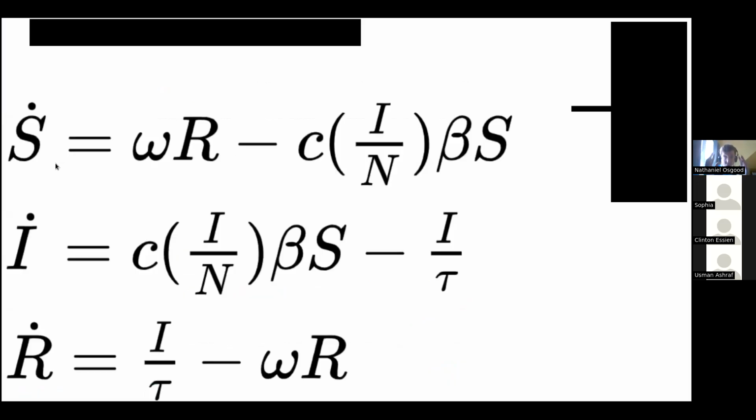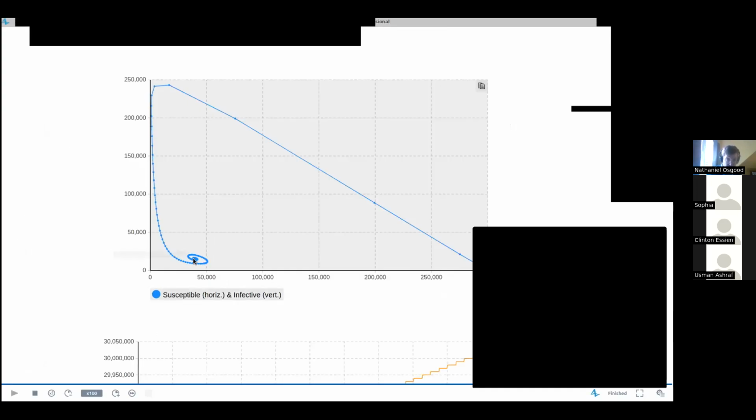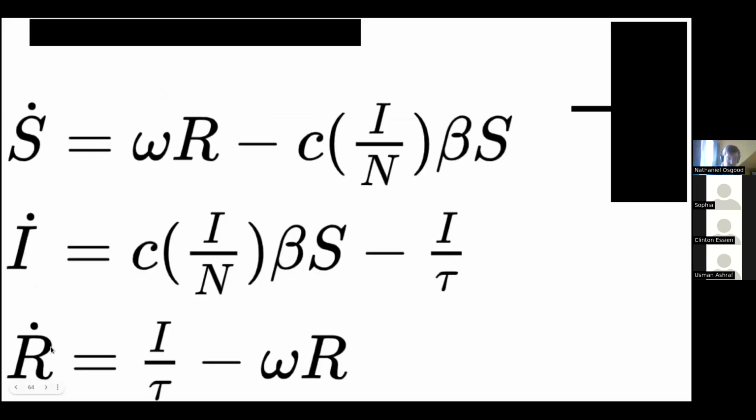But what I need everyone in the class to understand is that when you have a system like this, we solve for its equilibria by solving for the conditions under which they come about. The conditions are the values of S, the values of I, and the values of R for which it is stable, for which S dot equals I dot equals R dot equals 0.